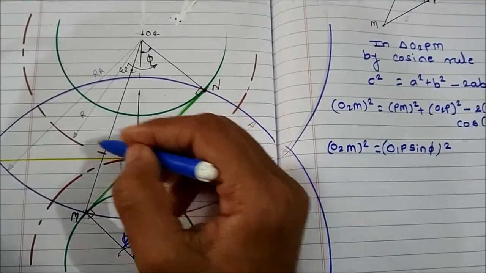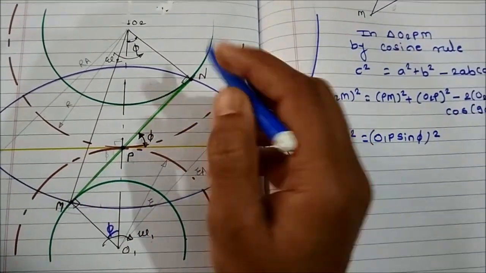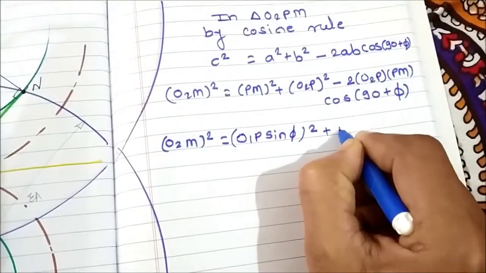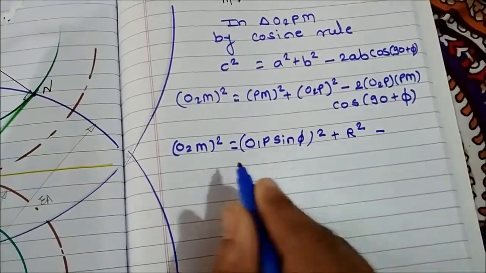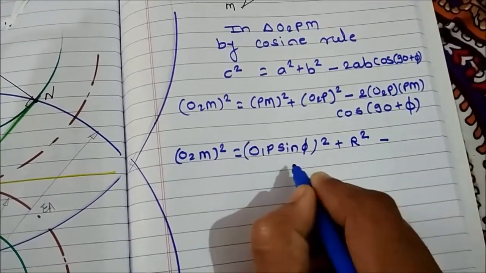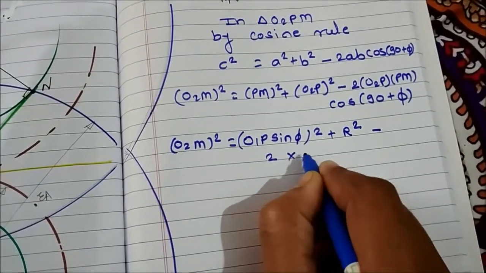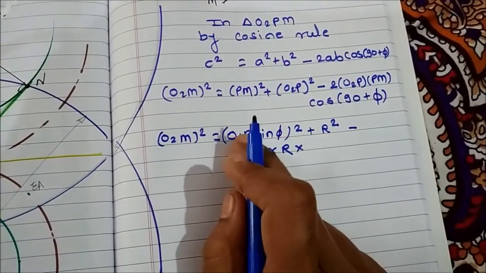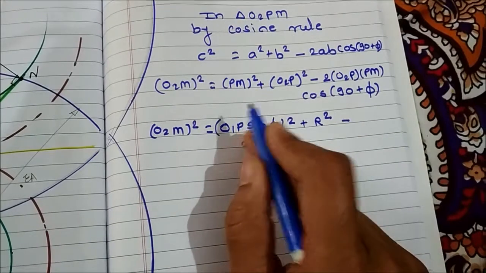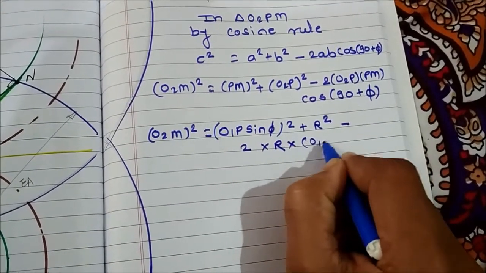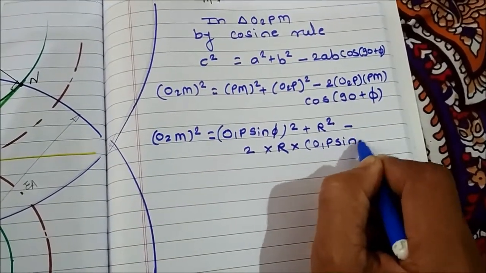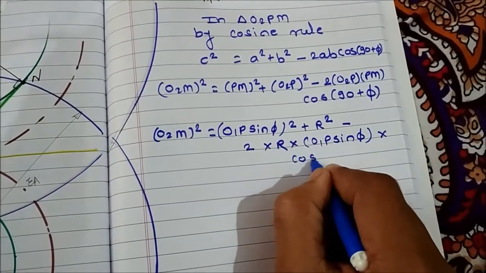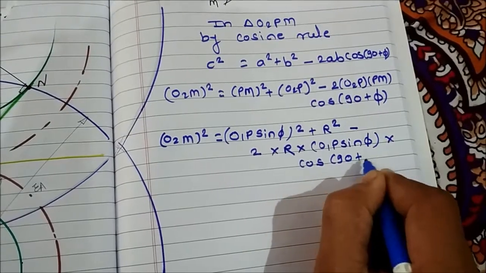O2P is the pitch circle radius of gear 2, so it is R square, minus again 2 into O2P, which is R, into PM, which is O1P sine phi, into cos of 90 plus phi.